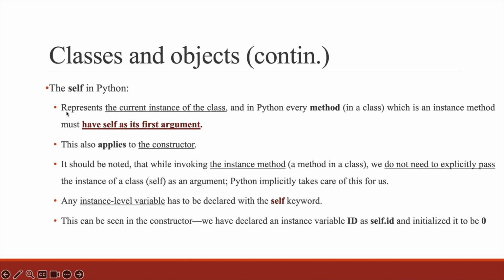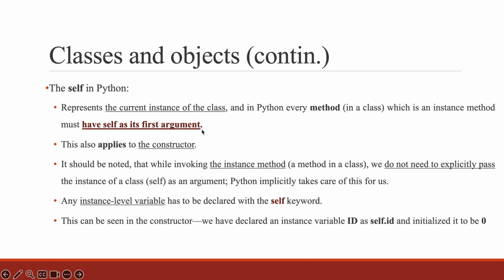Again, the self argument represents the current instance of the class. Every method that is an instance method, not a class method, an instance method, meaning a method that belongs to an object, must have self as its first argument, because self means the current instance, or the current object.